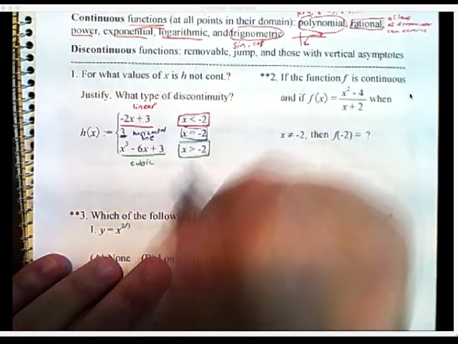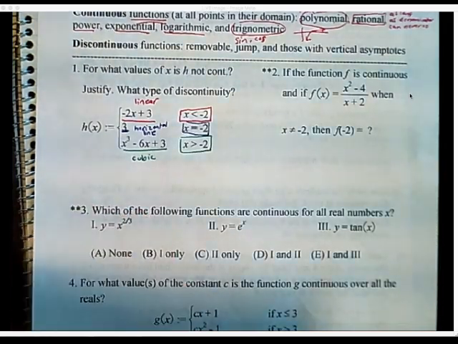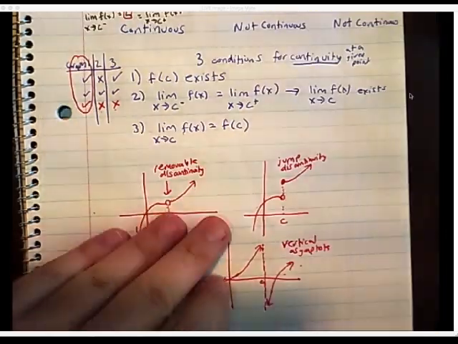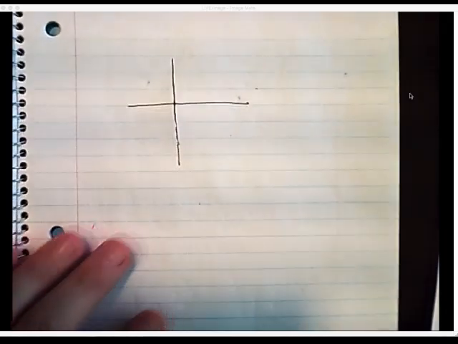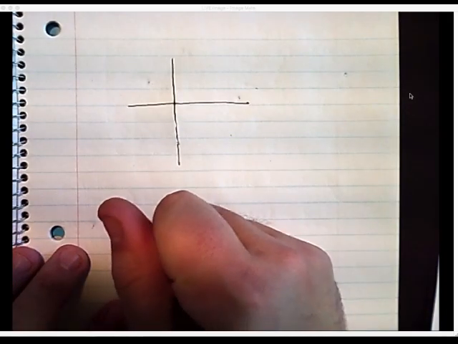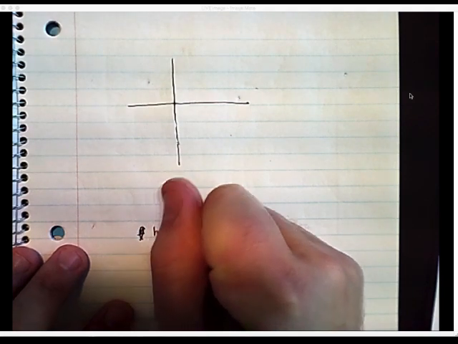There are different ways to approach this problem, but for now, let's just go ahead and graph it. So the first piece, they're calling it h of x, no big deal.